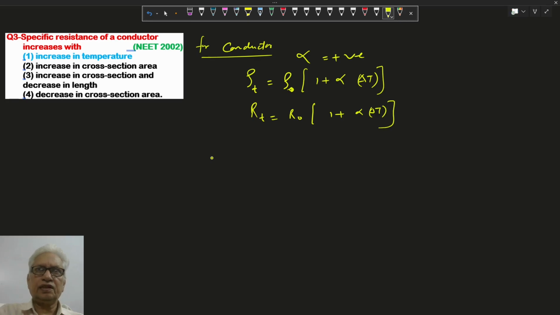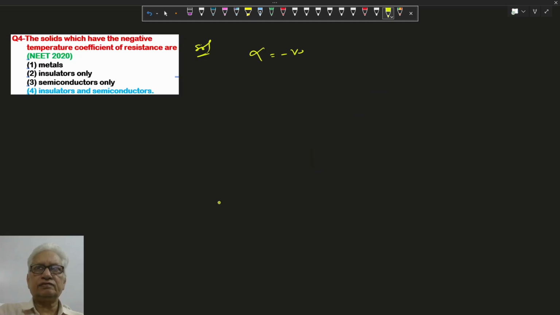So here for a conductor alpha is positive, and as the temperature increases, resistance and resistivity both increase. Option 1 is correct. Alpha is negative for semiconductor and insulator. So option 4.